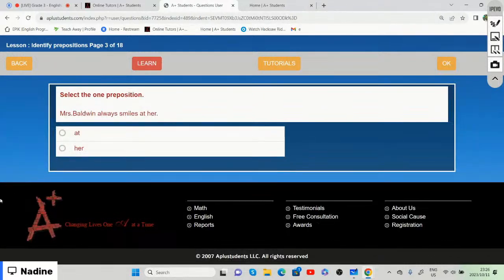Mrs. Baldwin always smiles at her. Is it at or her? Remember, we said that a preposition either tells us about time, about place, about movement, or just other.